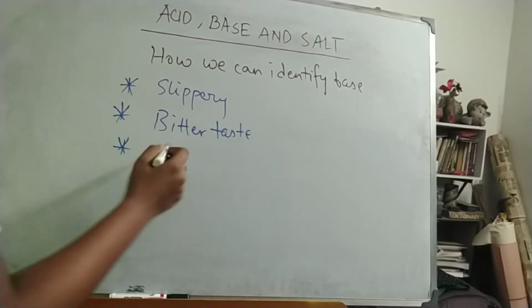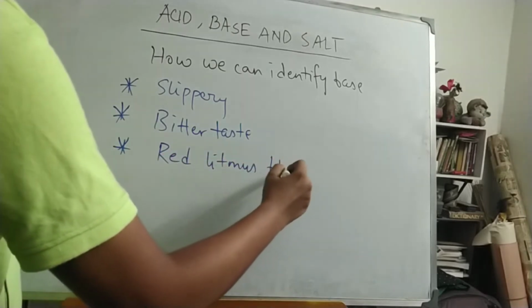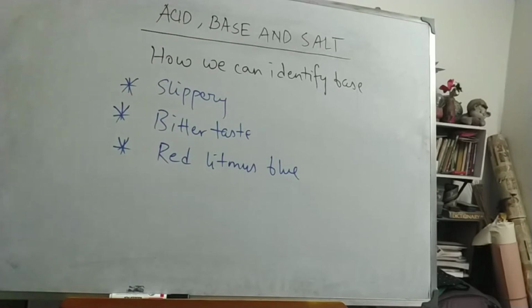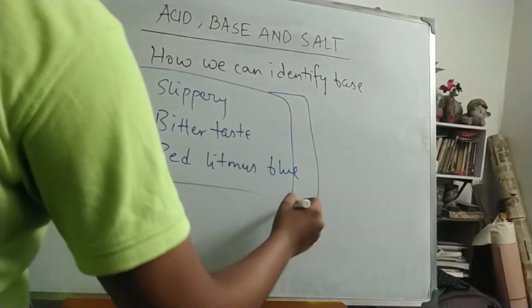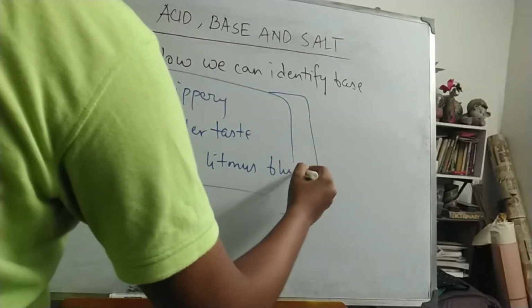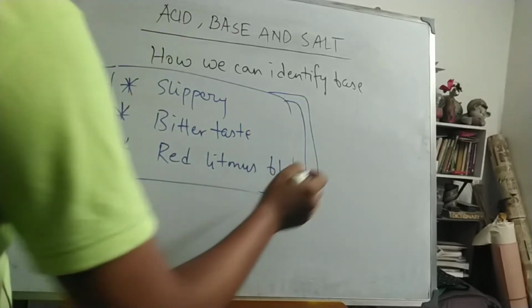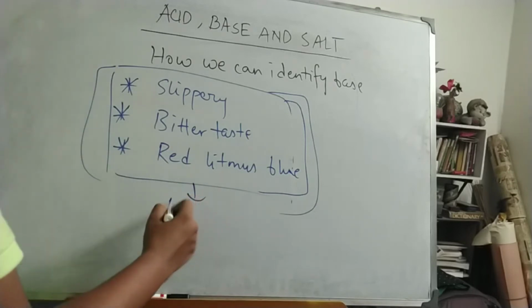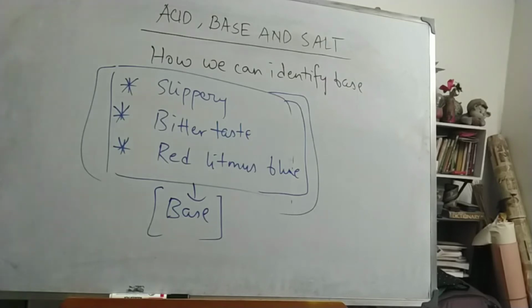Number 3, red litmus turns blue. In acid, blue litmus turned red, and here red litmus will turn blue. These are the 3 properties to identify a base.